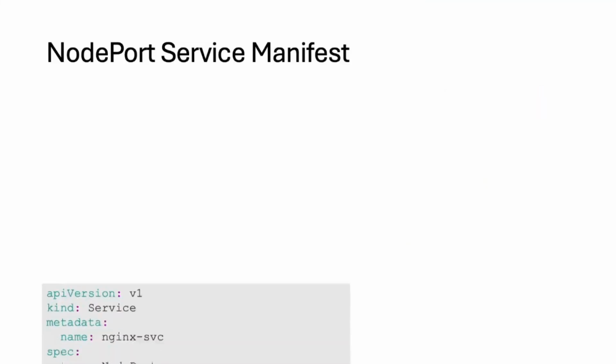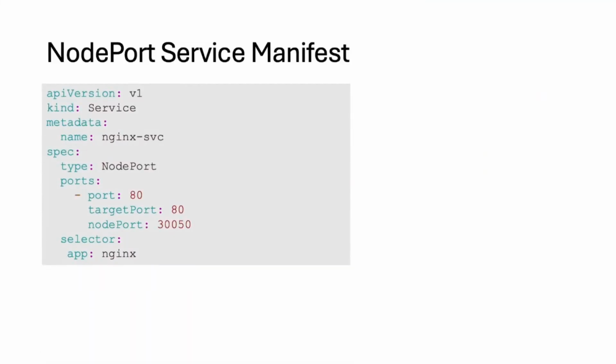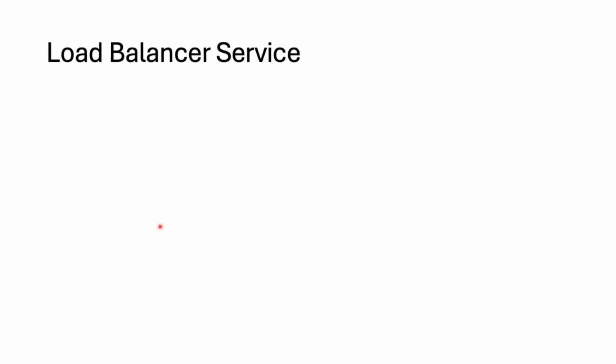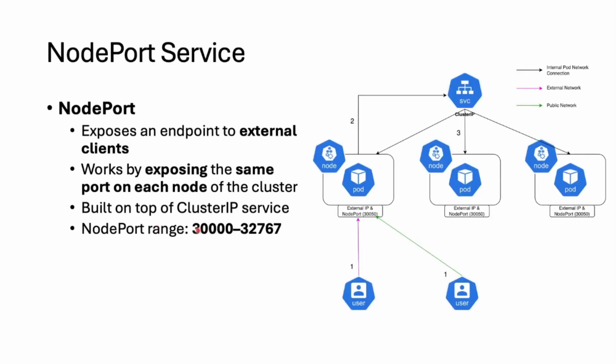Let's look at a sample manifest for a NodePort service. So one new thing that you are seeing compared to the ClusterIP service that we saw earlier is this, the NodePort to use. Now, the NodePort service has certain limitations. First thing is that it opens up a port from the high range.